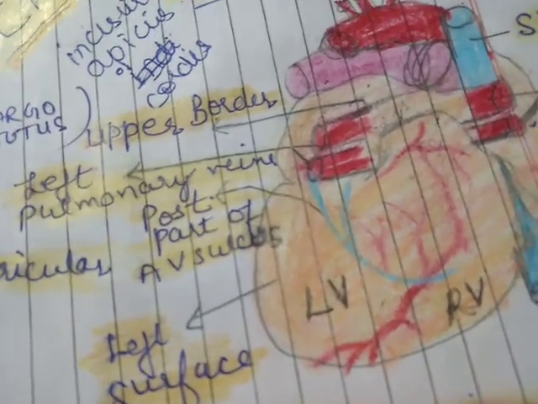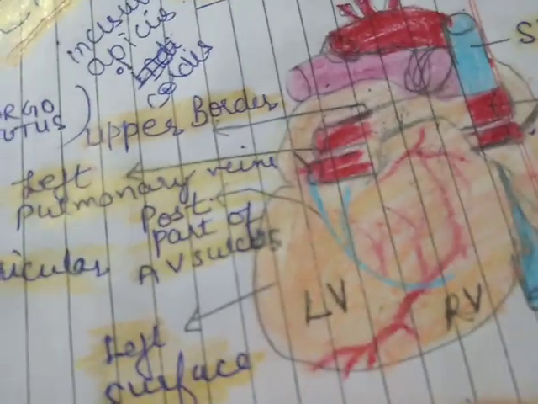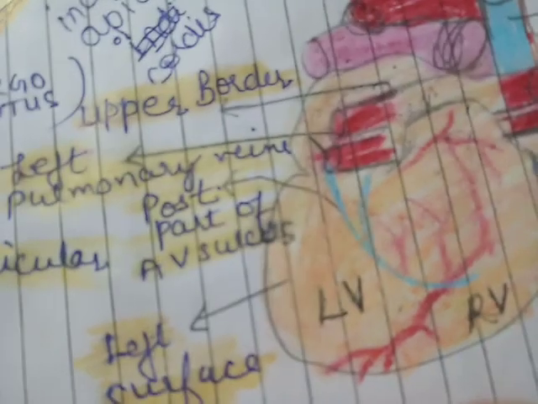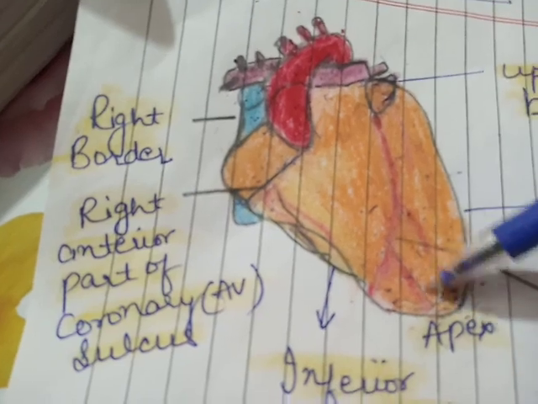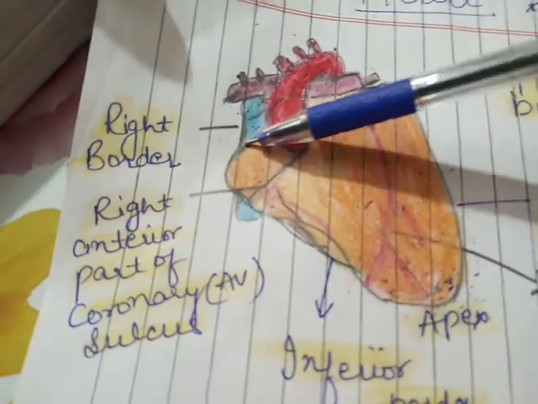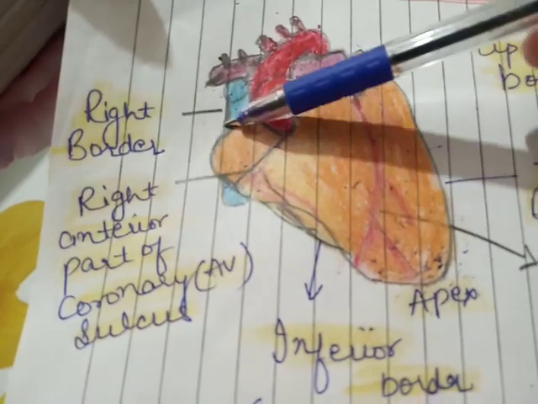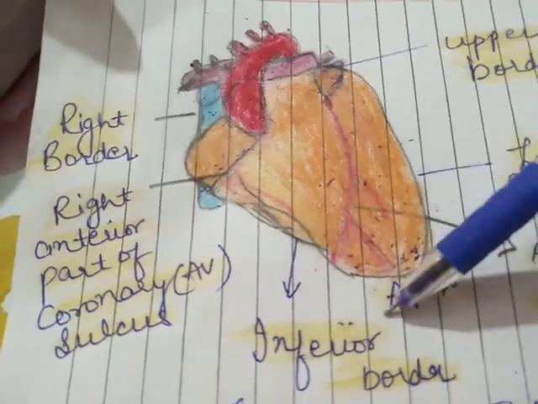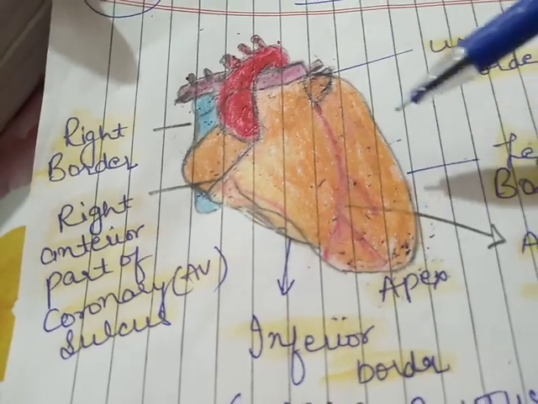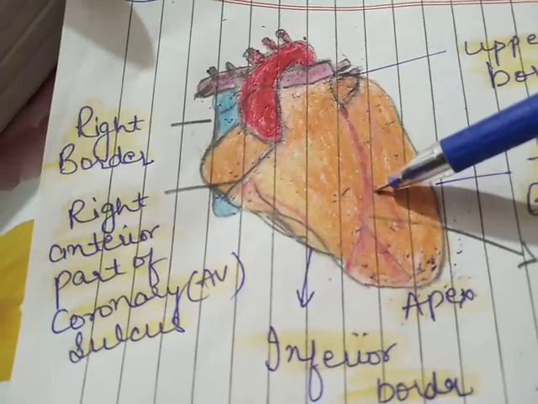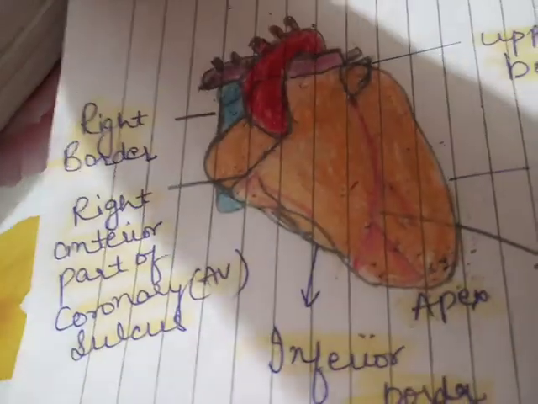Now some points to remember: the apex is formed only by the left ventricle, right? The base is formed only by the two atria. The right border is formed only by the right atrium from superior to inferior, and the diaphragmatic surface is formed only by the two ventricles, right?